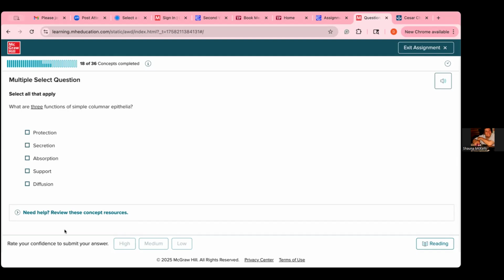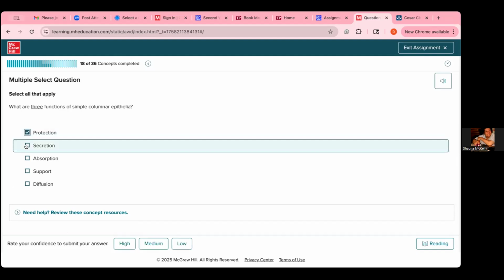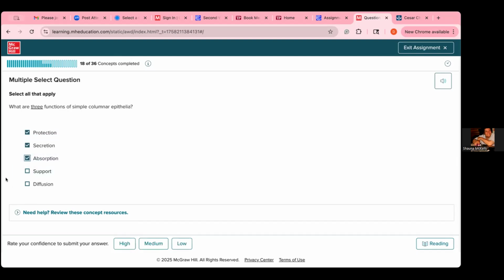So it's the first three: protection, secretion, absorption. That is simple columnar.